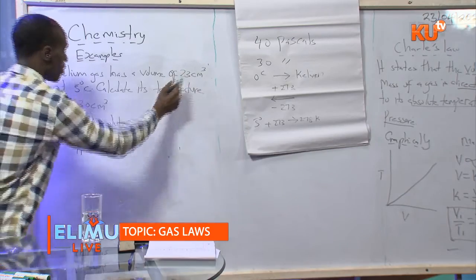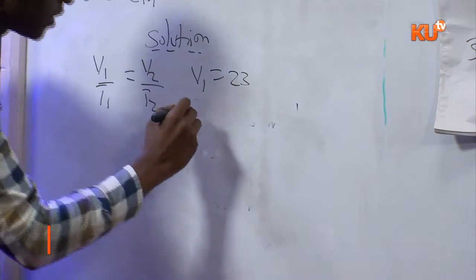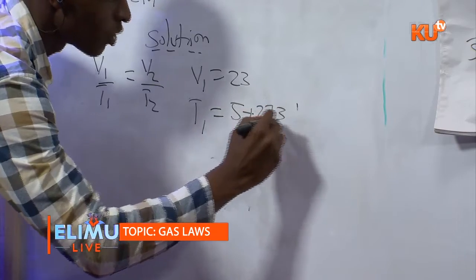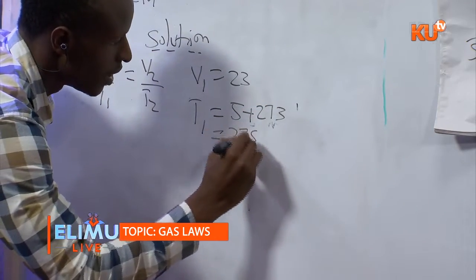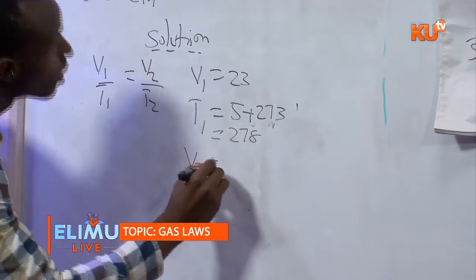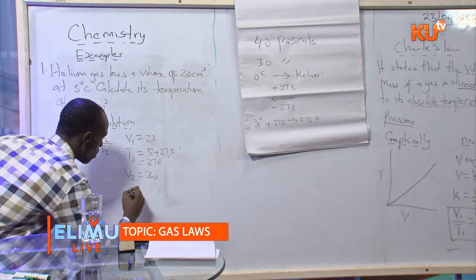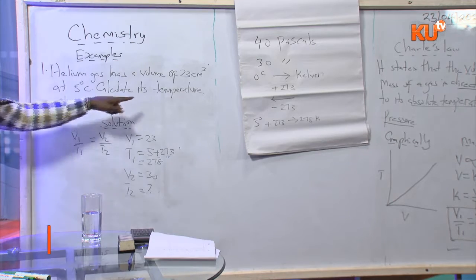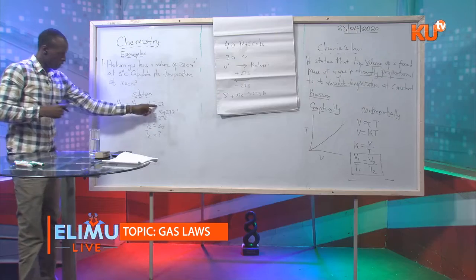V1 is the first volume, which was 23. What's your T1? 5 degrees, but you add 273 so that it is in Kelvin. That's 278. What's your V2? V2 is 30 centimeter cubed. What's your T2? T2 is what you have been told to calculate.